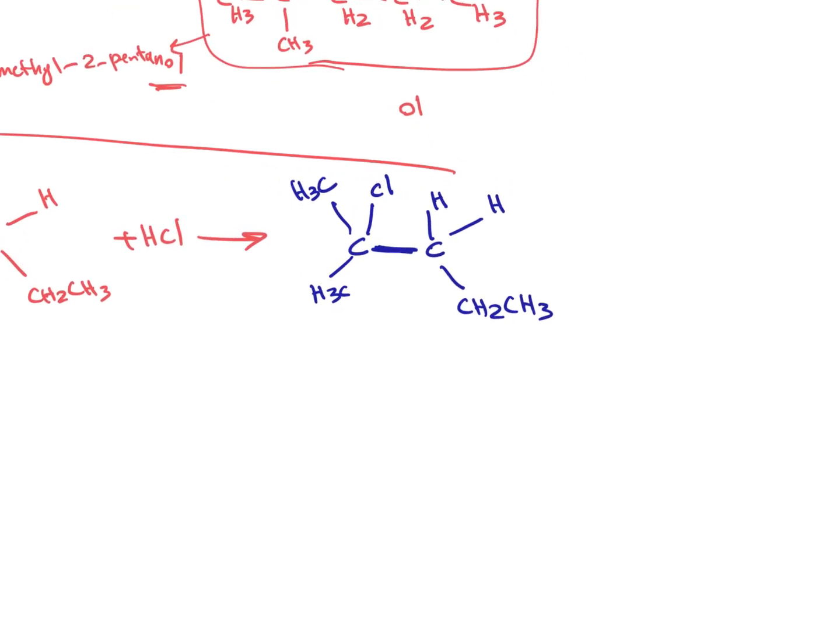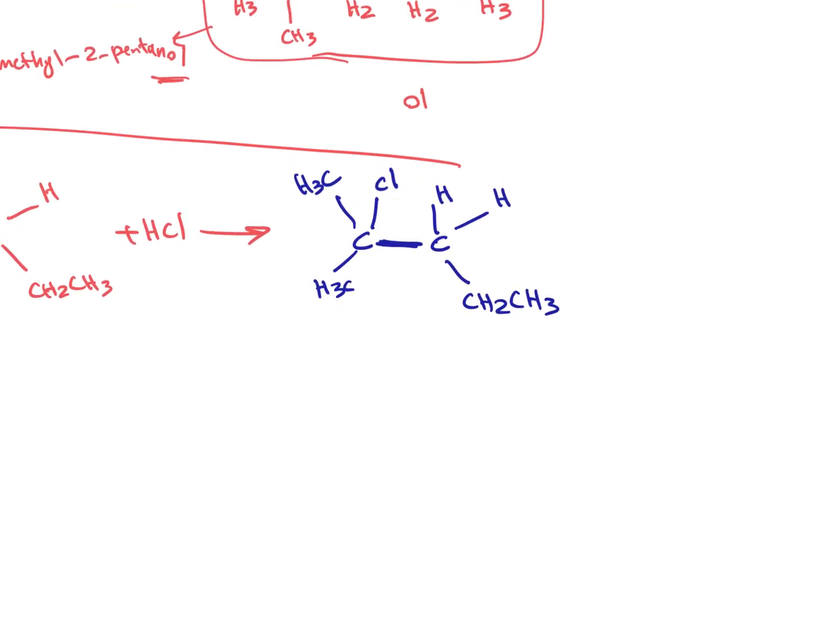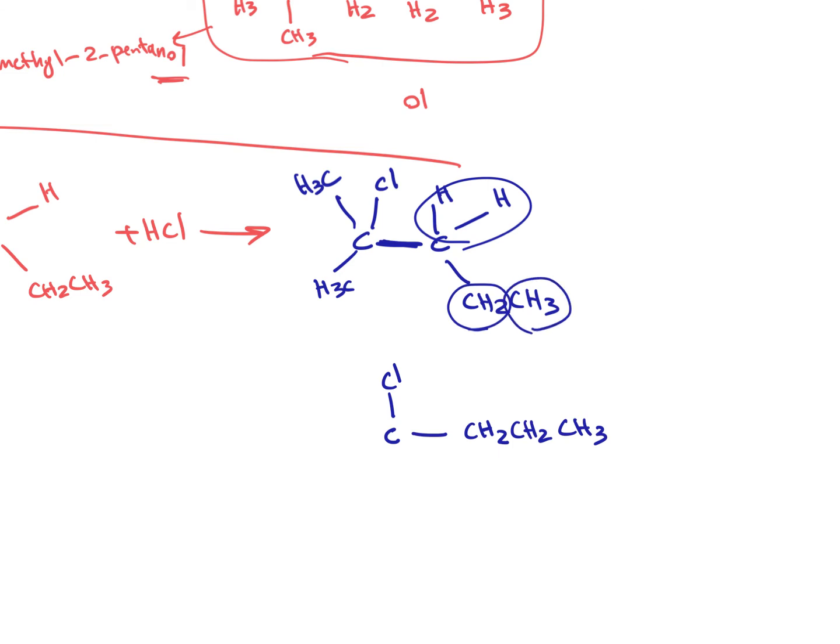So if we do that, we can write this in a better format as CCl, and then we have CH2, CH2, CH3, right? And then here we can have CH3, 2.